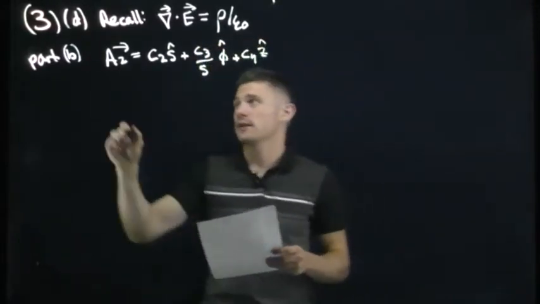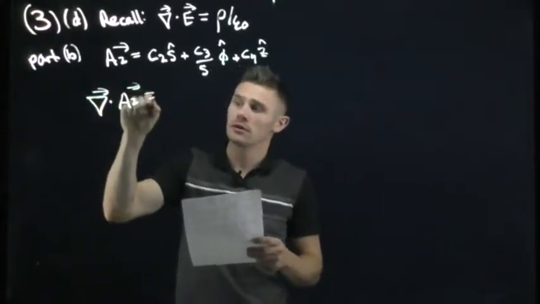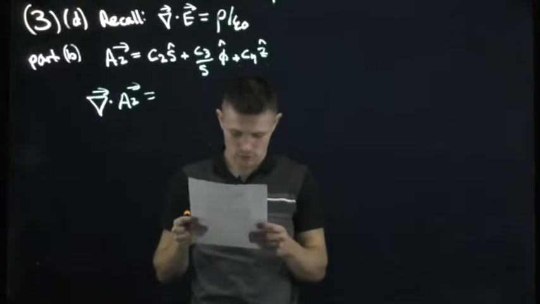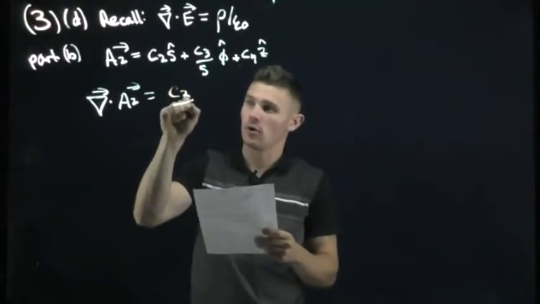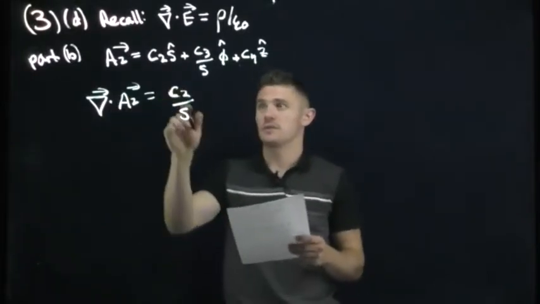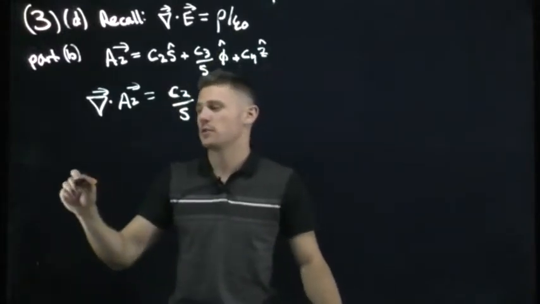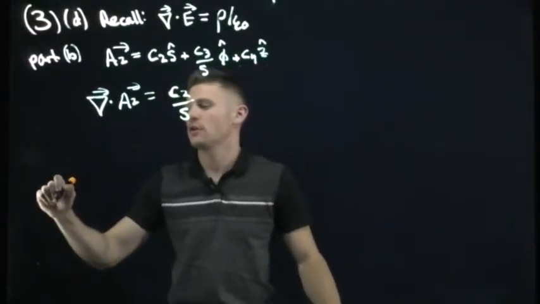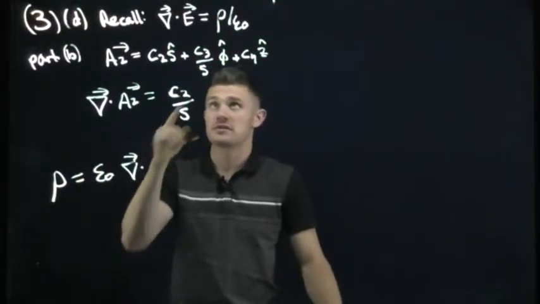So we found that in part B, the divergence of A2 was equal to, we should take the solution here right away, it's just C2 over s. So if you watch part B of this video, then you'll be able to see where this comes from. But we're only looking for the charge density rho. So if we rearrange the formula above, we can see that rho is equal to epsilon naught times the divergence of the electric field.